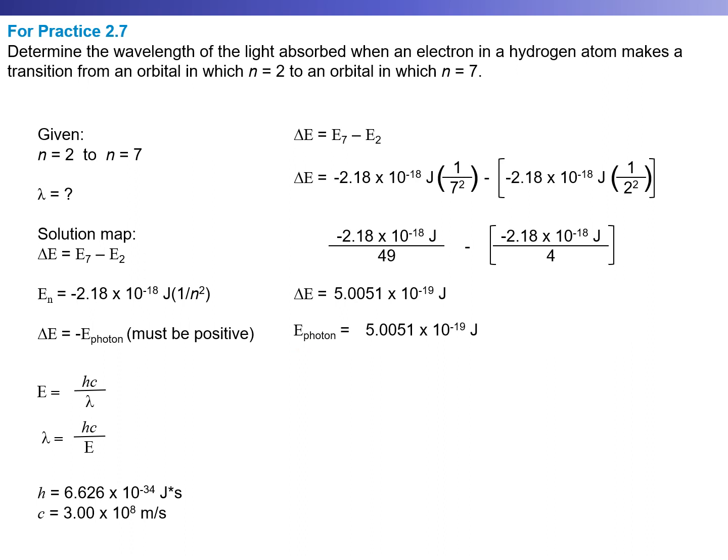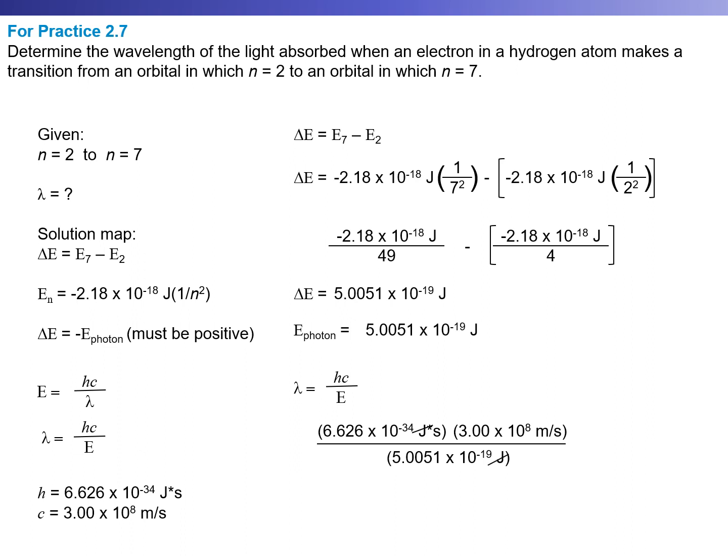All right, now that we have our value, we're going to use this formula in order to calculate the wavelength of the light that was emitted. So let's go ahead and bring that up and drop in all of our known values. So we have Planck's constant. We're going to multiply that by the speed of light, and we're going to divide all of that by the energy of our photon. Now you know it's a good time to start crossing out those repeating terms.